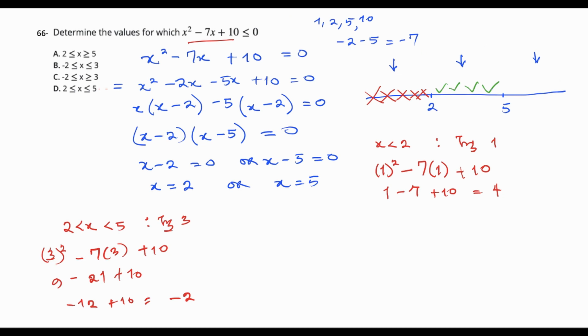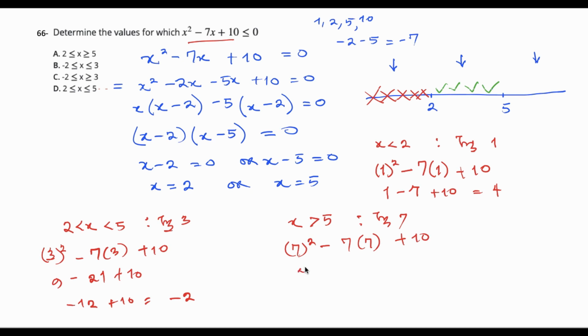Now let's try the third one. The third region says that when x is greater than 5. So let's try 7. So the equation becomes 7 squared minus 7 multiplied by 7 plus 10.